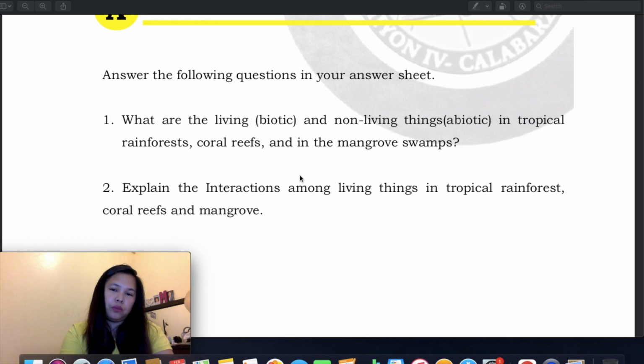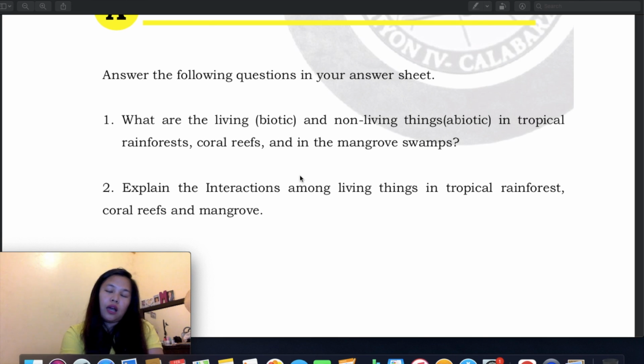Kahit makalimutan kong maglagay ng link, pwede nyo na lang mag-type kayo ng rainforest. So, meron na kayong makikita mga rainforest talaga sa YouTube. And coral reefs, same as the coral reefs, ganun din, and swamps.